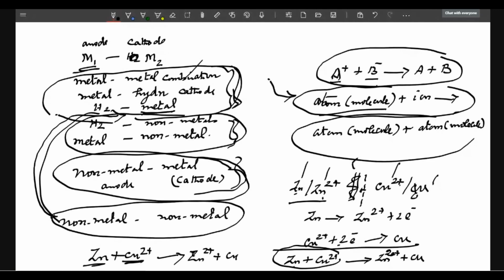Similarly, what about the metal hydrogen electrode? Tell me, which reaction would be taking place? Anybody can immediately say this.